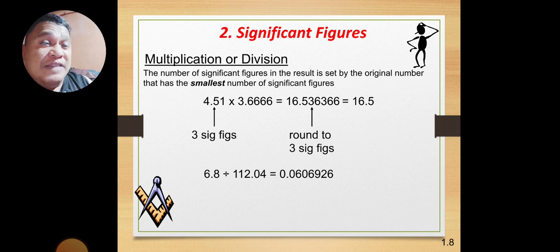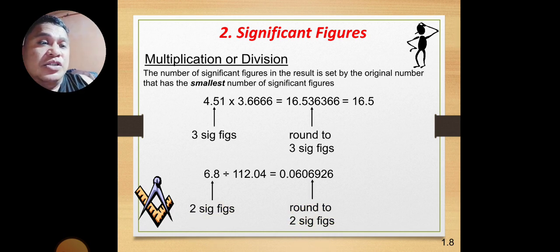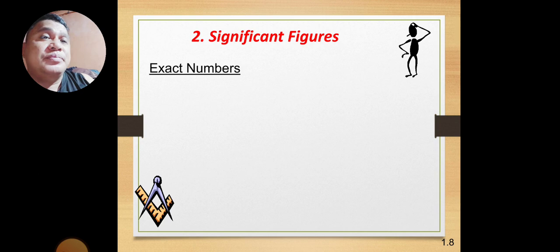How many significant digits should be in the answer? It should have 2. So you drop the 6 and 9, 2, 6, and instead of 0, you put 1 to have two significant digits. So 0.061. There are two significant digits overall.